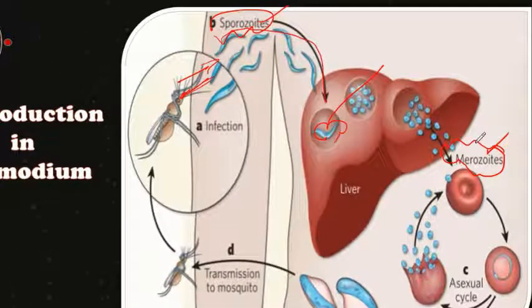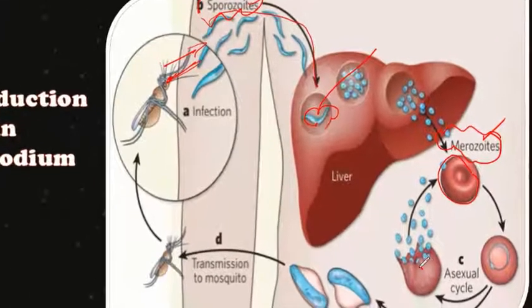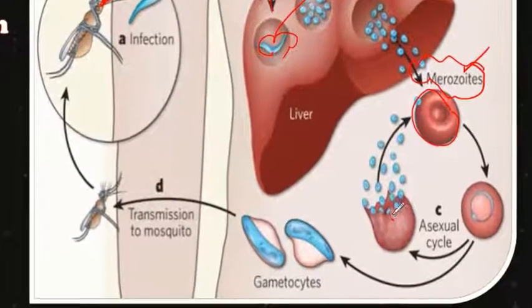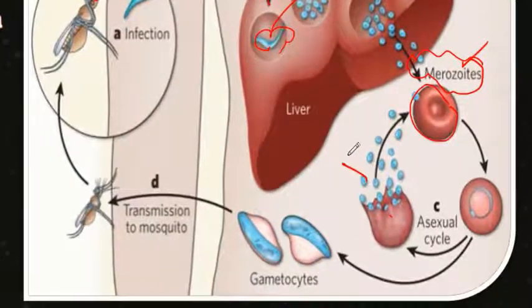Now these merozoites will go out of the liver and infect red blood cells. The red blood cells will have reproduction inside them to produce more merozoites, also gametocytes, and poisonous substances. Now these gametocytes are going to be in the blood of this person.